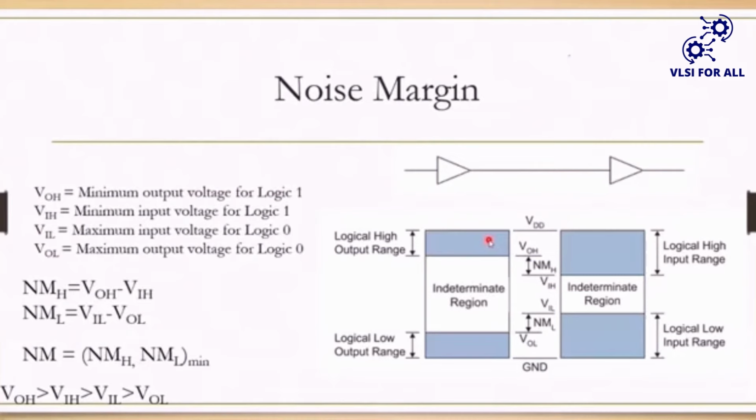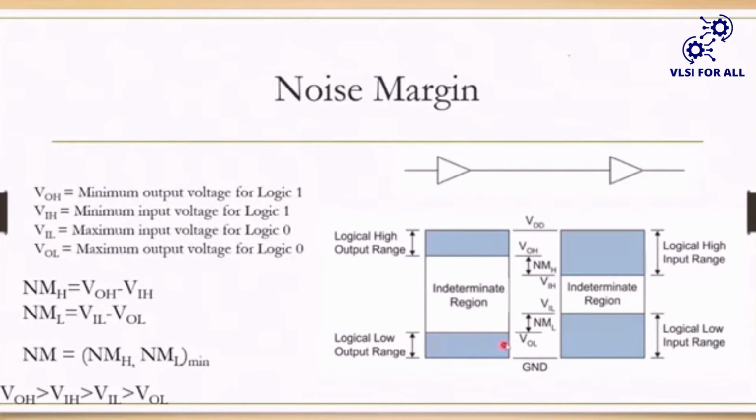This is VOL. I'm talking about this output only. This is logic 1. For this logic 1, what is the minimum voltage that must be there to satisfy logic 1? This is VOH. VOH is the minimum output voltage for logic 1, as written here.